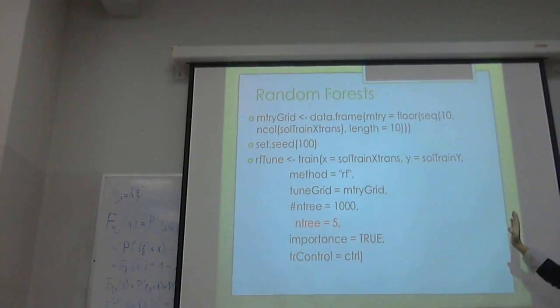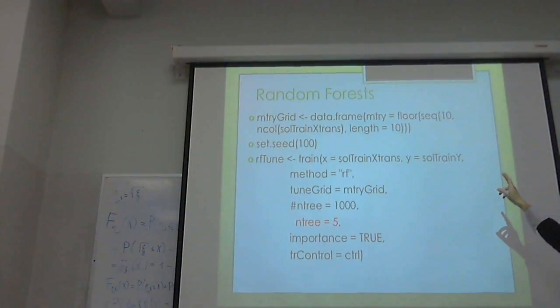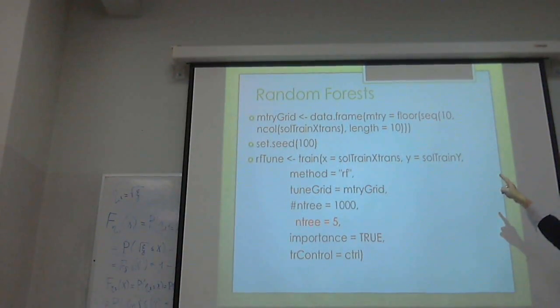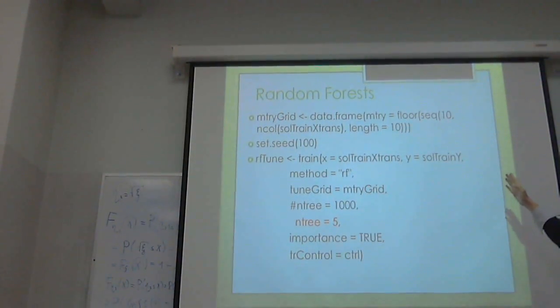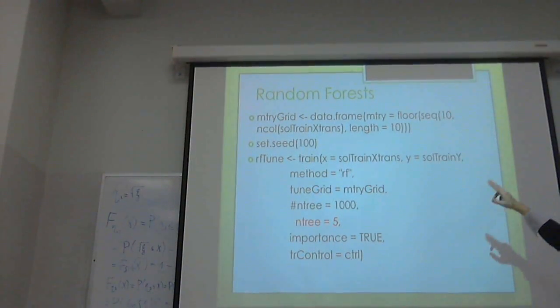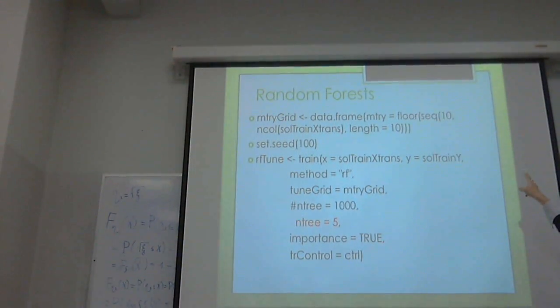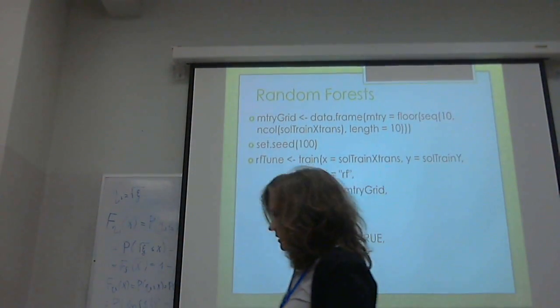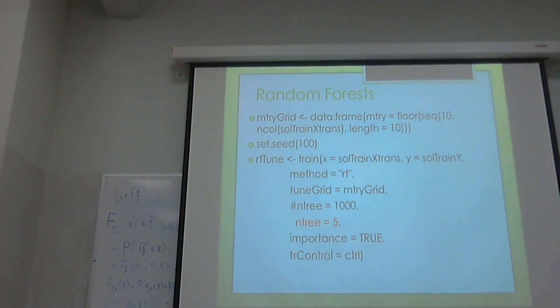To see what these numbers are, you can independently execute this small part: seq from 10 to the number of columns, length equal 10, and see what numbers are generated. What are the outputs?